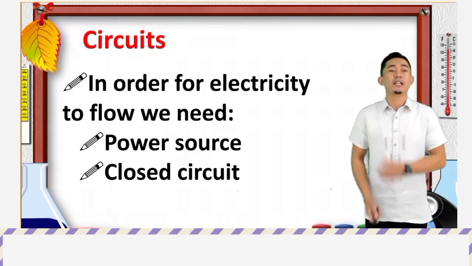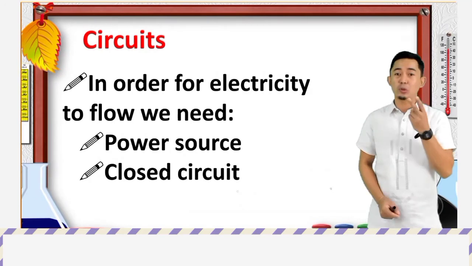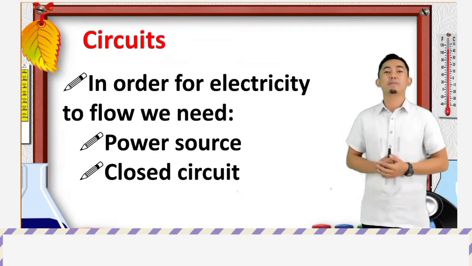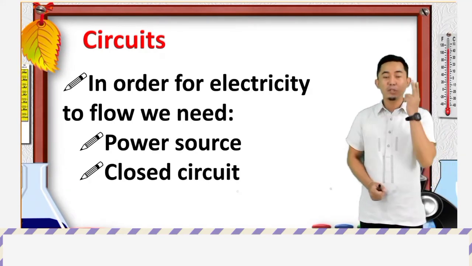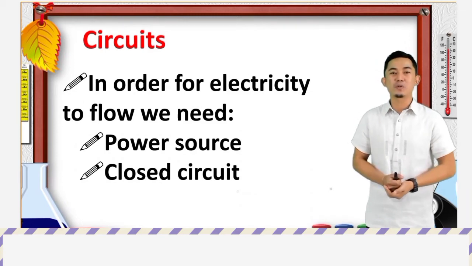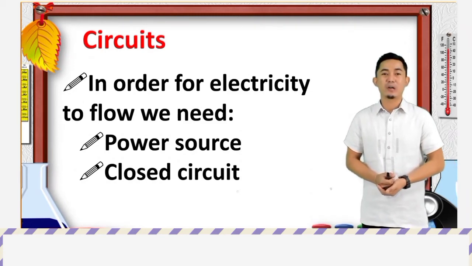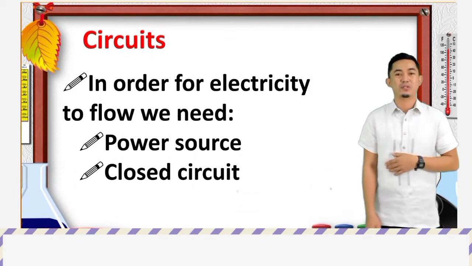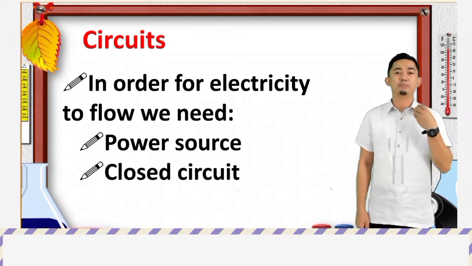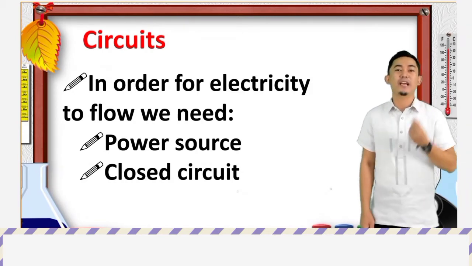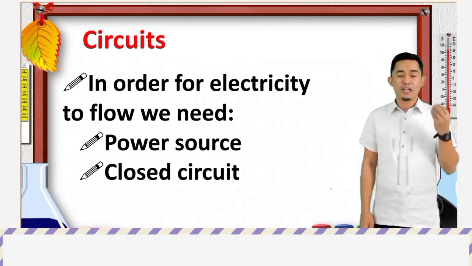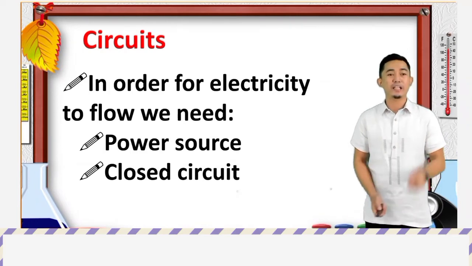In order for electricity to flow, class, we need 2 things. Number 1 is the power source. And number 2 is the closed circuit. I know you are familiar with power source. These are the things that provide the electricity or current in our home. And then the closed circuit.